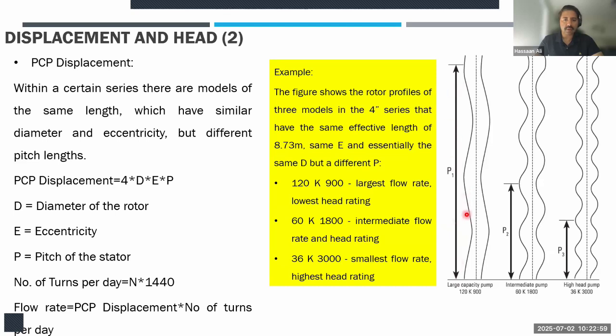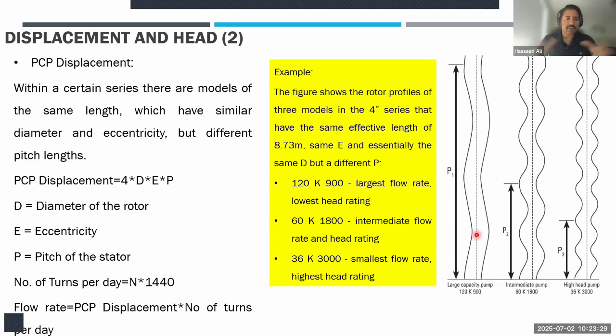And you can see as this is a smaller pitch stator, a smaller pitch rotor. This is a medium pitch rotor, and this is a higher pitch rotor. So 2 times your distance from one crest to another crest is your pitch of the stator or pitch of the rotor. And the number of turns per day is N, which is your RPM multiplied by 1440.